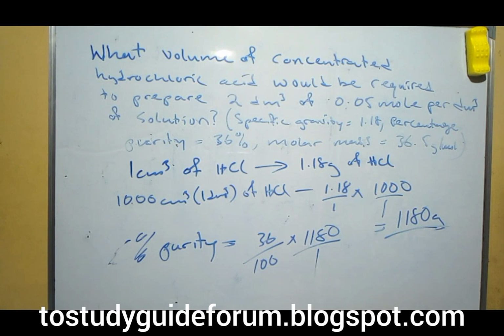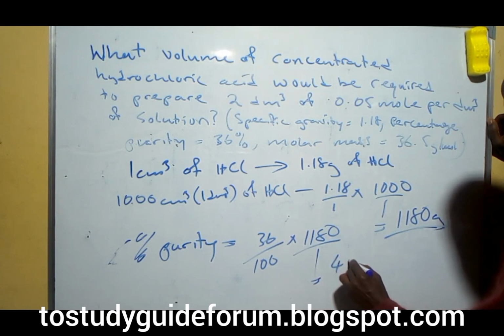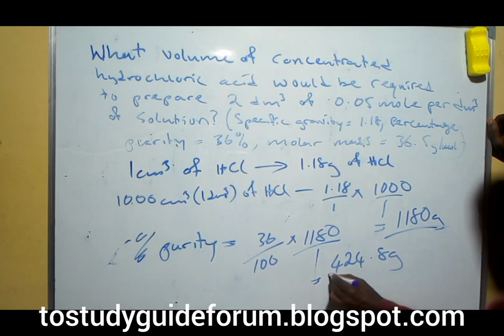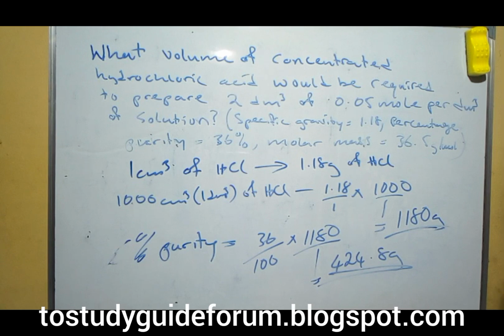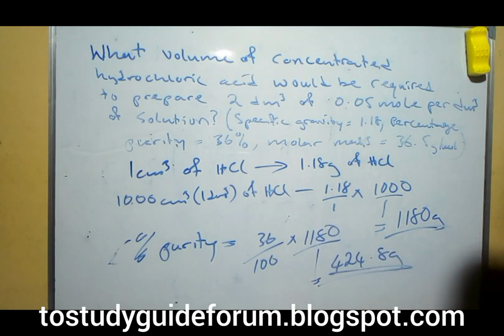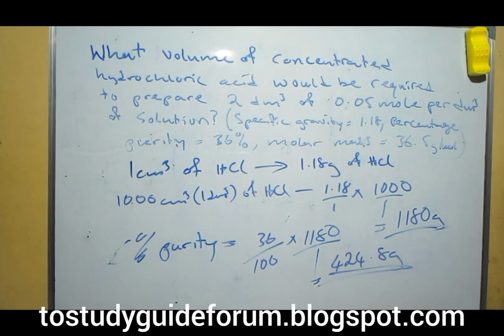By multiplying this, we'll have 424.8 grams. That is the pure hydrochloric acid in the stock we're looking at: 424.8 grams.